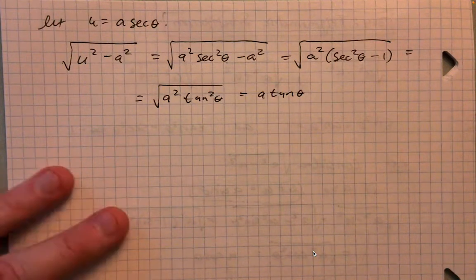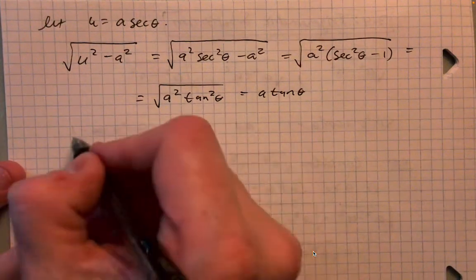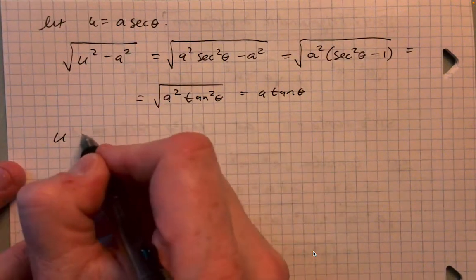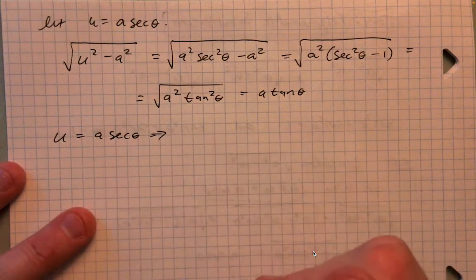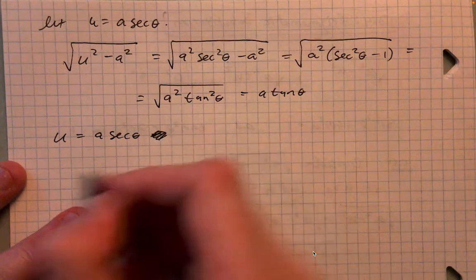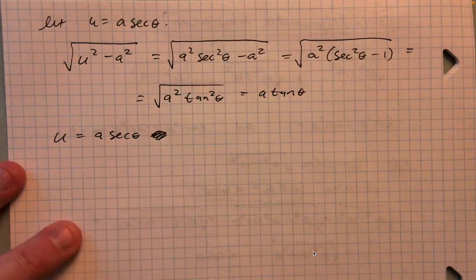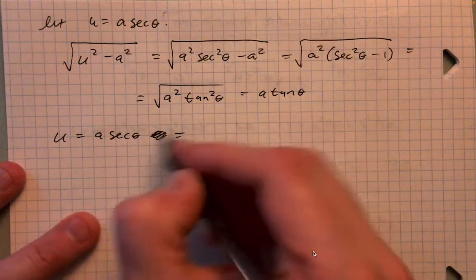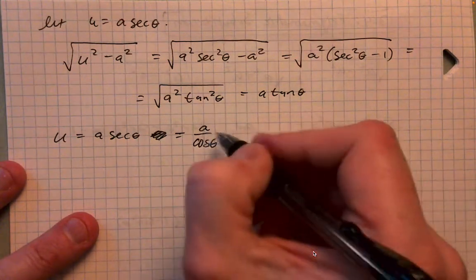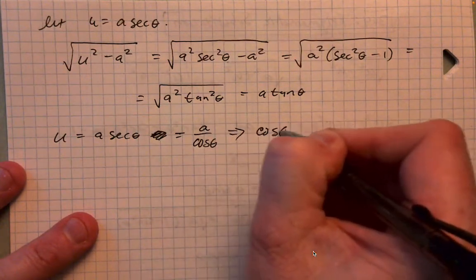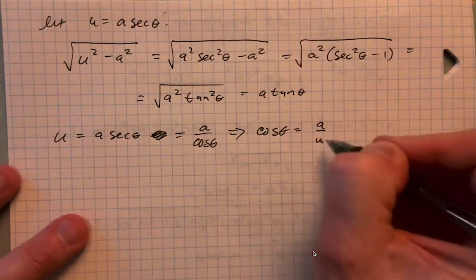And so if we've got u equals a secant of theta, that implies that u is also equal to a over cos theta. And so that means cos theta is equal to a over u, right?